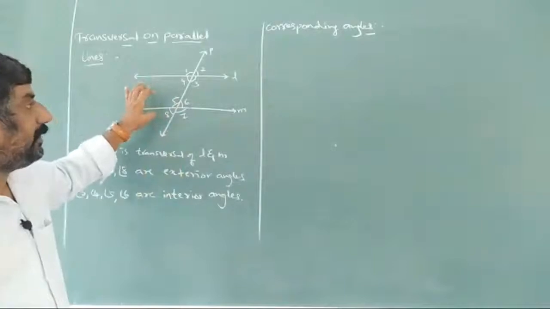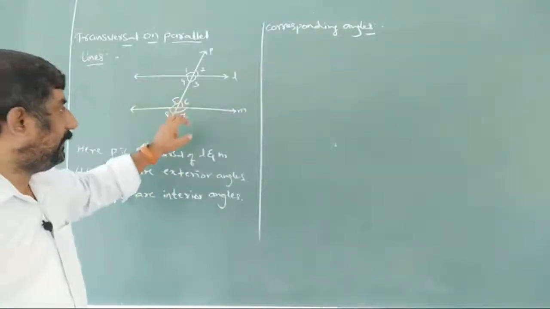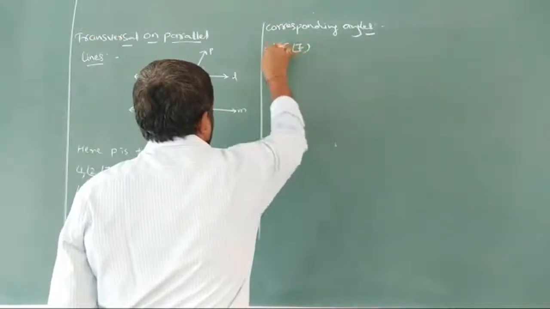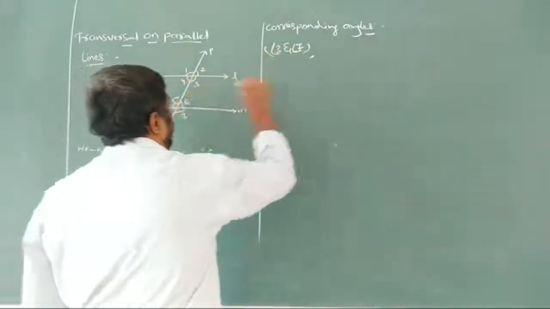According to this diagram, what corresponding angles do we have here? 3 and 7. Next, 4 and 8.